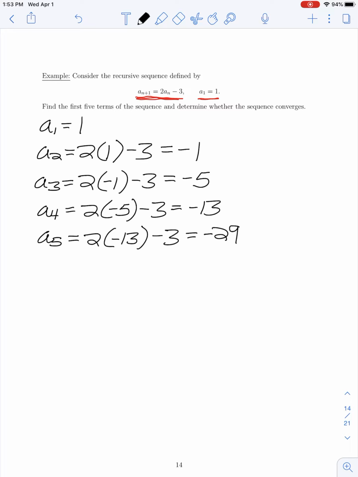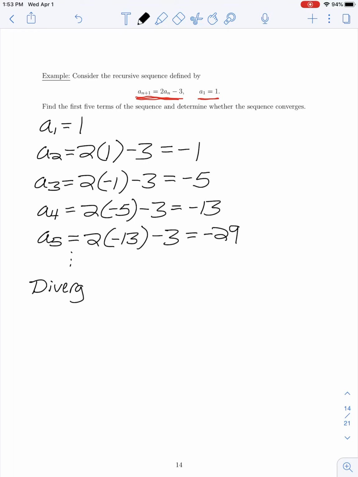And then to get our fifth term, a5, we have 2 times the negative 13 minus 3, which leaves us with negative 29. And if we needed to, we could keep listing more terms.